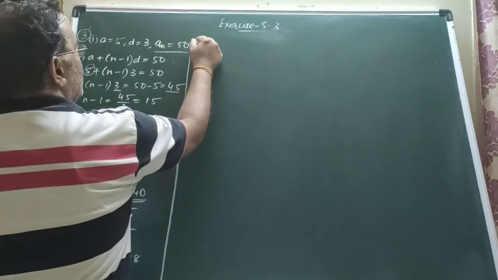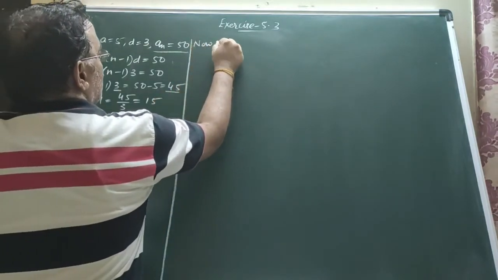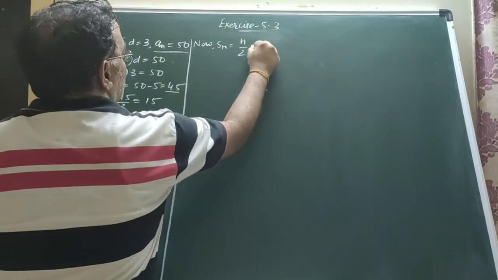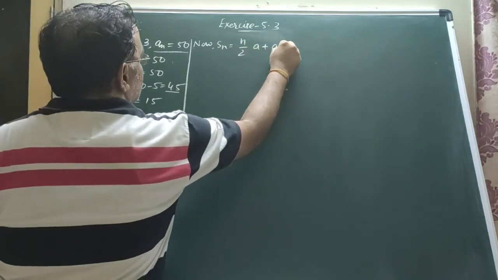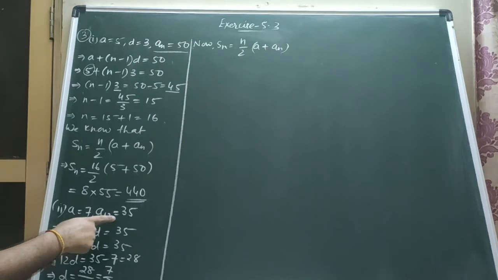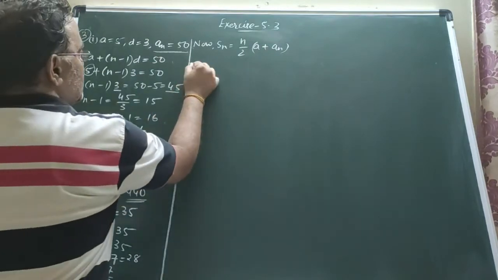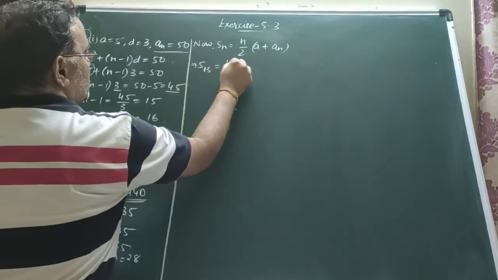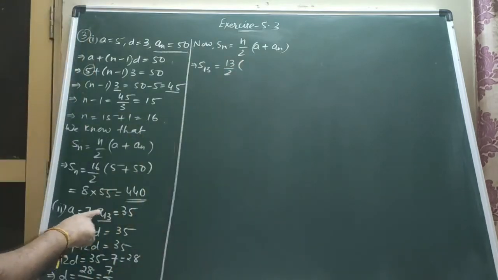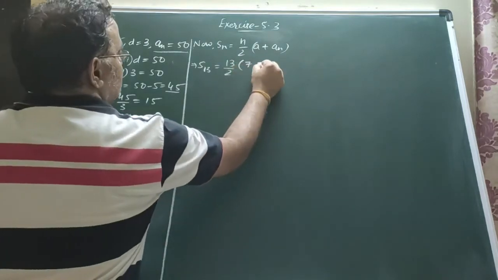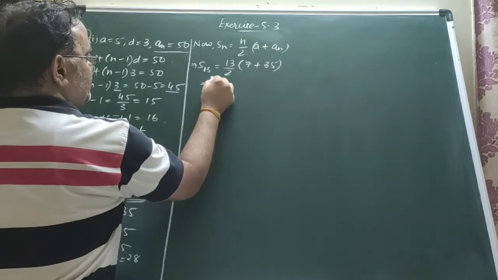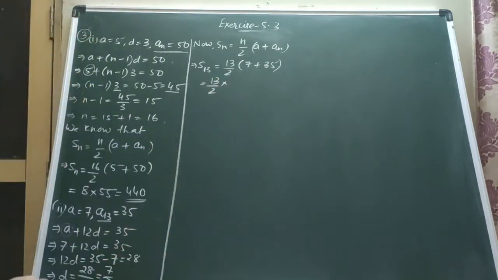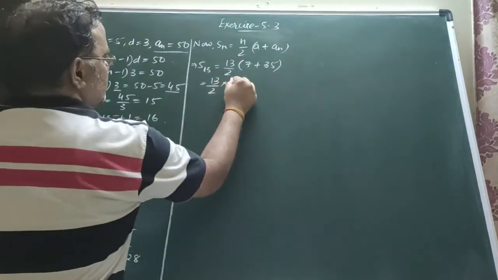d is found. Now Sn is equal to n upon 2 (a plus an). This is the formula we are using because for S13 the last term is known to us. S13 is equal to 13 by 2 (7 plus 35). So what is 7 plus 35? 42.